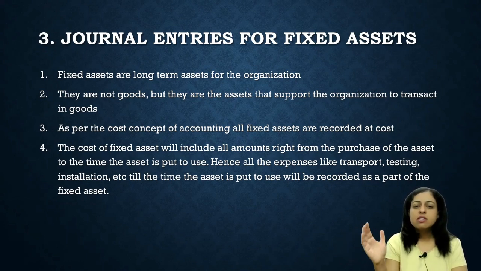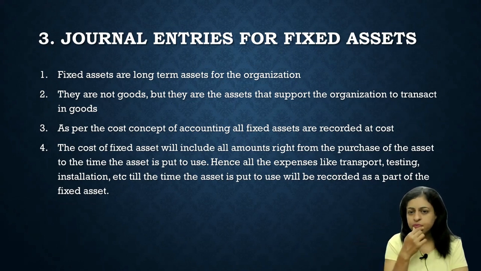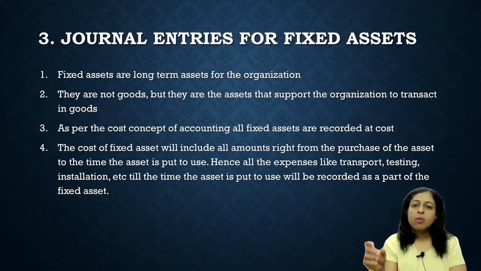Fine. Next important thing is that if the building value changes, suppose it increases, then the market price of that building is not recorded. So this is where we are talking about recording of the fixed assets.